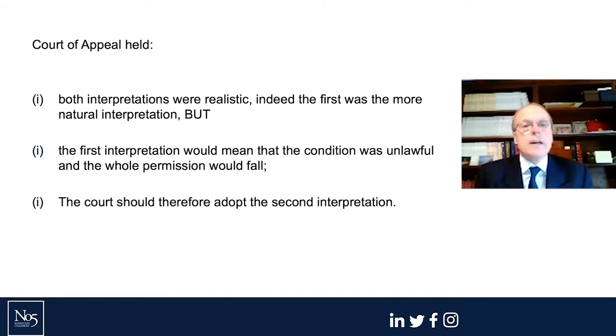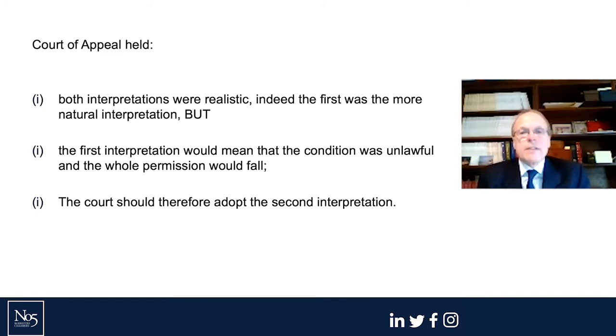But the court held that the first interpretation would mean that the condition was unlawful, because they said, in reliance on long-standing case law, in particular Hall and Shoreham by the Sea Urban District Council back in 1963, had held that one could not require by planning condition that access roads be dedicated to the public.